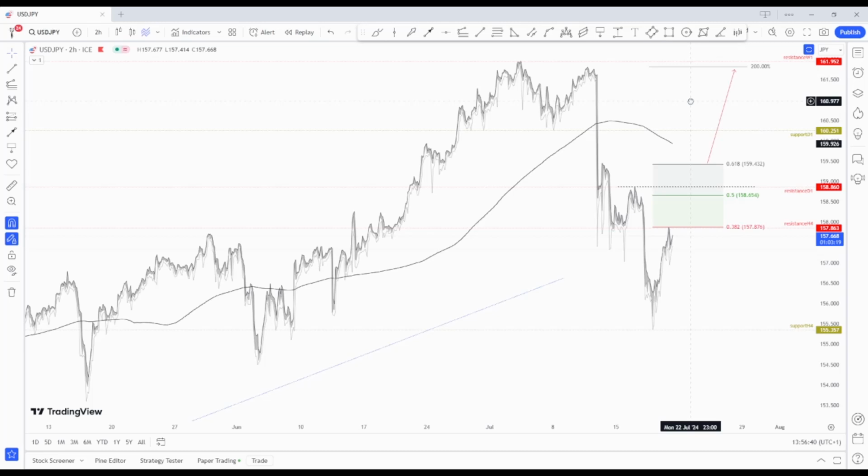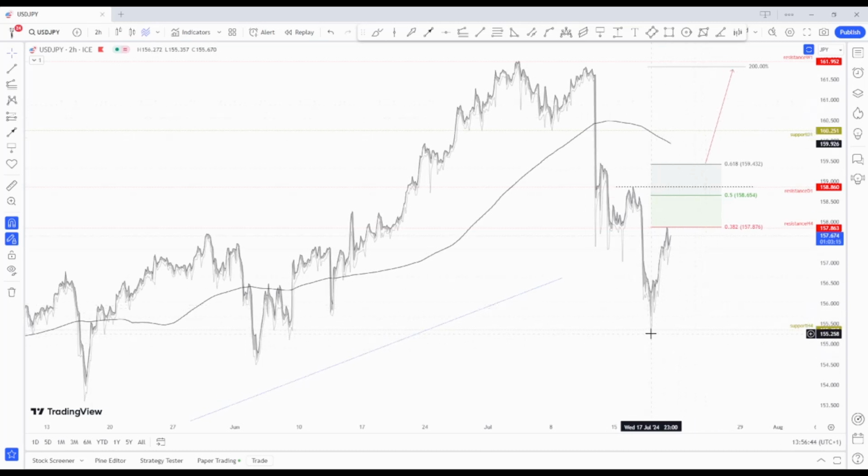That makes sense after printing a new support level, new lows at 155.35. If the price recovers above 158.86 in the form of an inverted head and shoulders to trigger that move, so be it, and we will be here to track that possibility. So that's one of the possibilities.